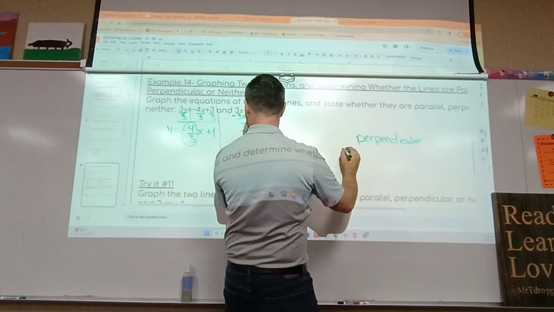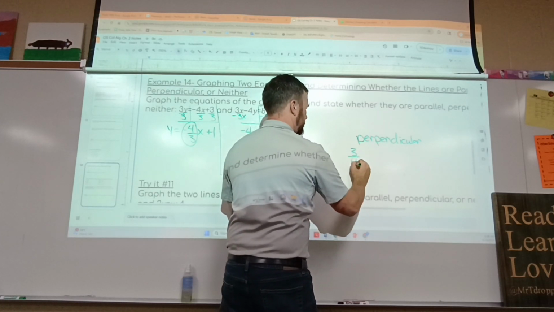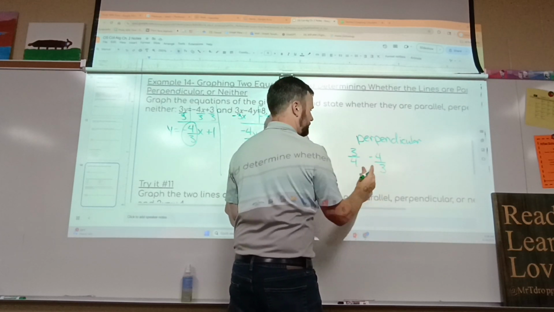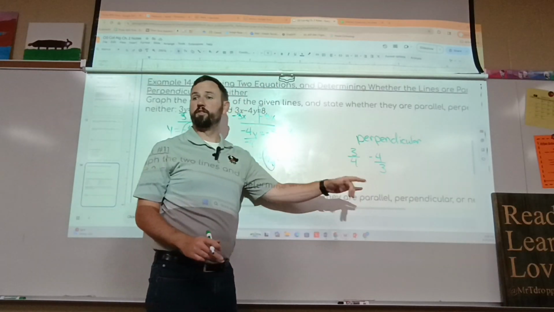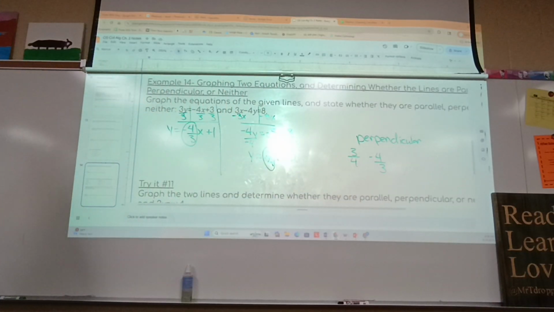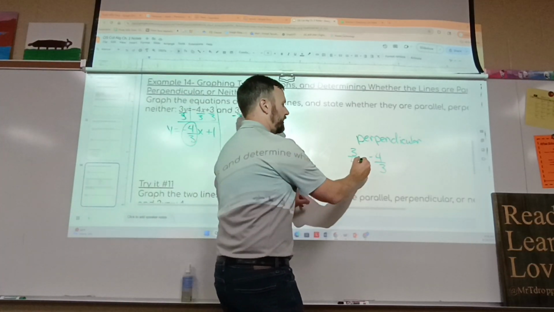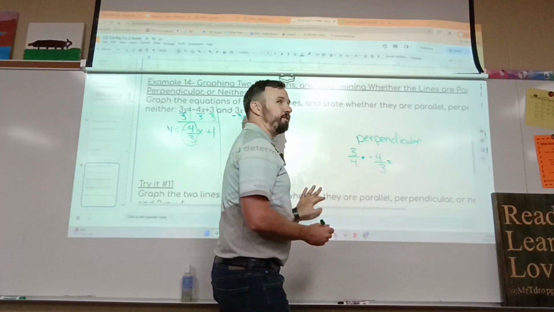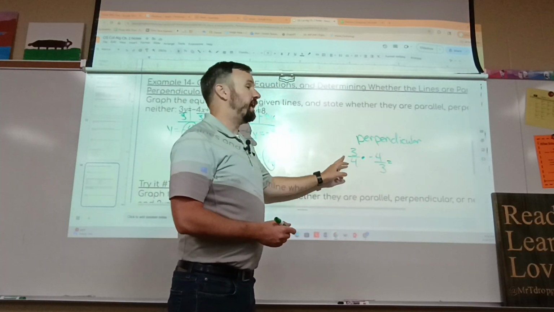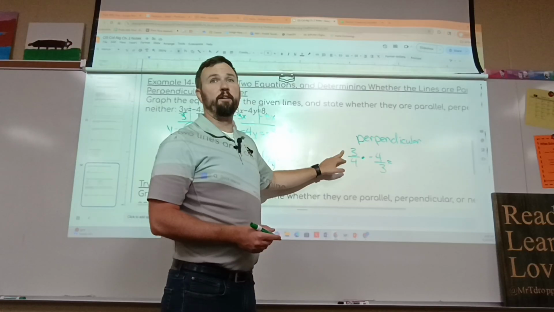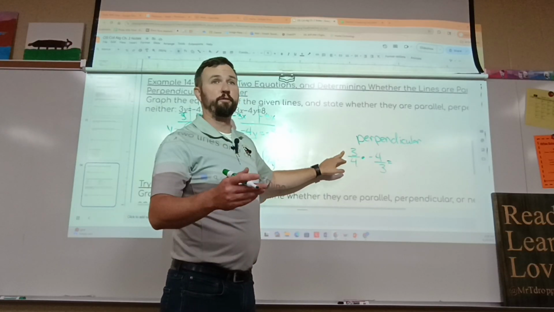So when I compared my two slopes, I got 3/4 and negative 4/3. They're opposite reciprocal. They're flipped and negated. There's actually a rule to prove they are. You multiply the slopes, and if it's negative 1, that's actually a rule. That's something, again, that's in pre-calc with vectors. A lot of this stuff, honestly, pre-calc and calc are pretty much algebra 3 and 4.